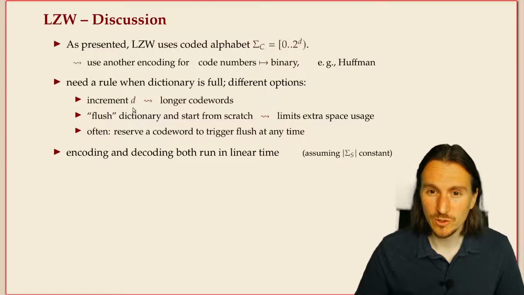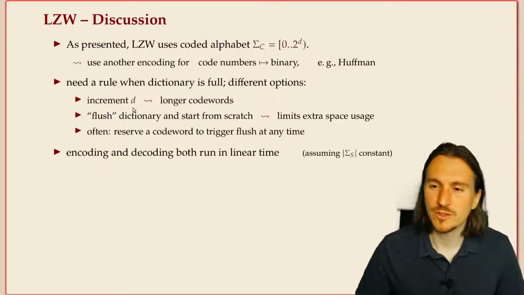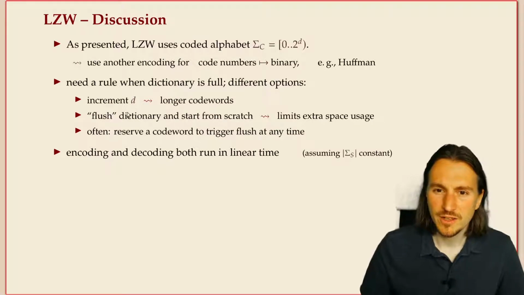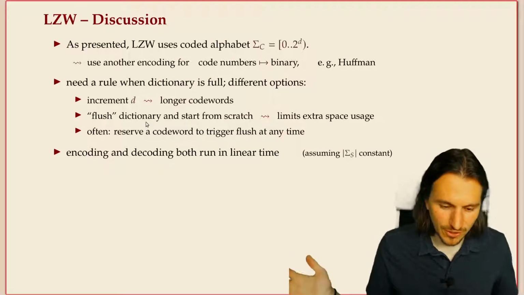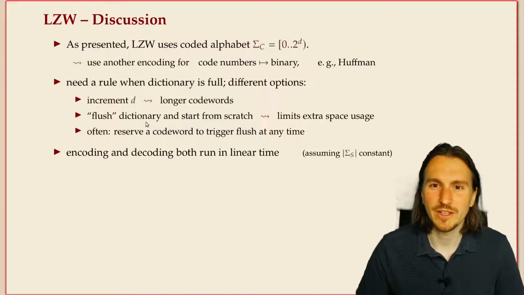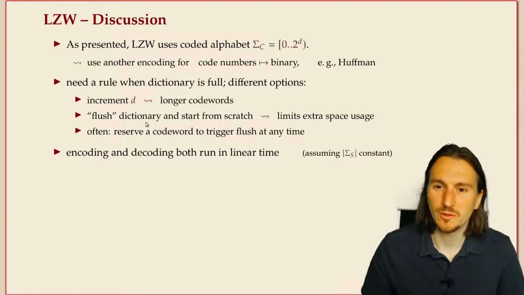That is a solution, but it means over the long term that your code words always get one bit longer, and maybe that is detrimental. Another idea is to just start from scratch, throw the dictionary away, start again with single characters, and go from there.